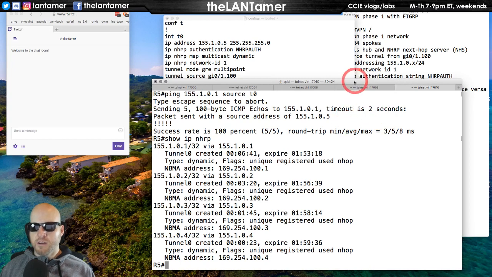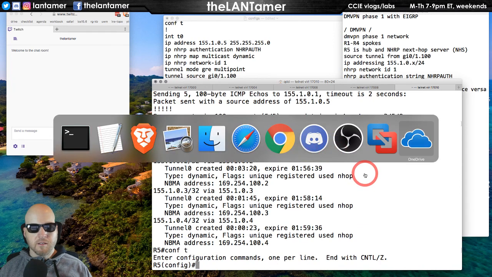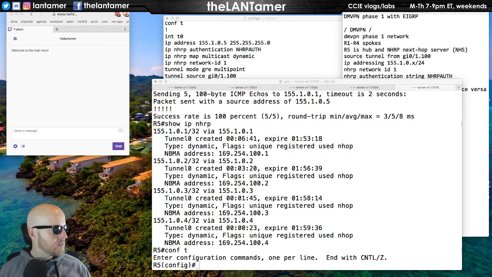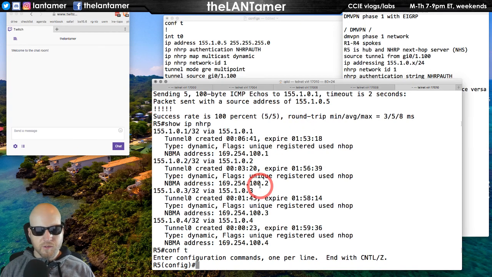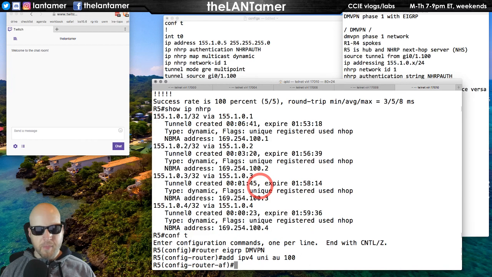Now, we're going to do some routing. We're going to do EIGRP routing, and let's do the hub first and see if it doesn't crash. That's being optimistic, right? Check something here real quick. Router EIGRP name mode. Address family IPv4 unicast 100.